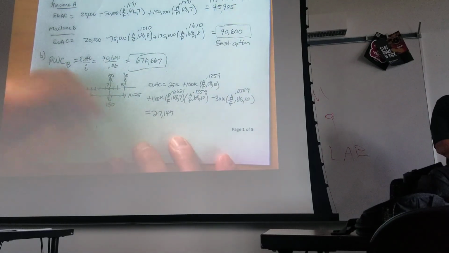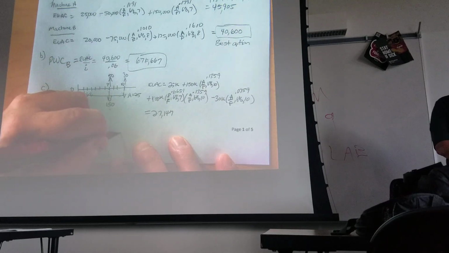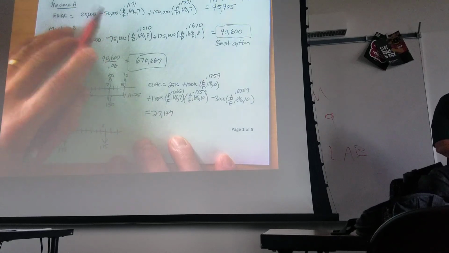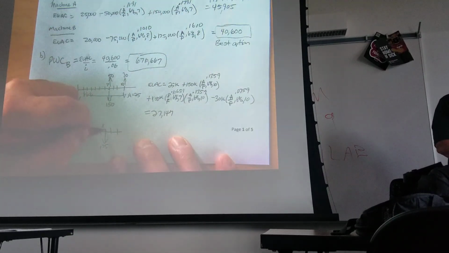Okay, and for option B, it lasts for 8 years and costs 175. The salvage at the end of year 8 is 75,000.